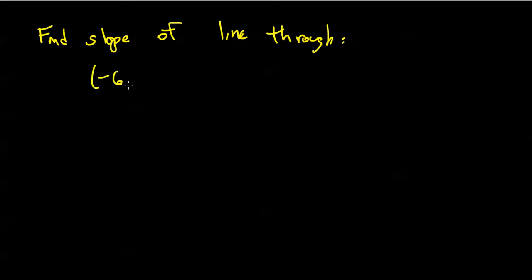Let's try another one. Find the slope of the line through (-6, -4) and (3, -4). We could blindly go through the slope calculations, but I'm hoping that you'll notice something in these 2 points. Does anybody notice anything about these 2 pairs of coordinates?